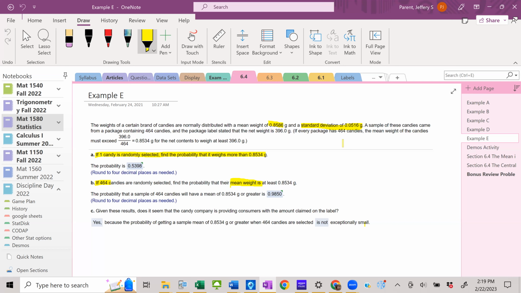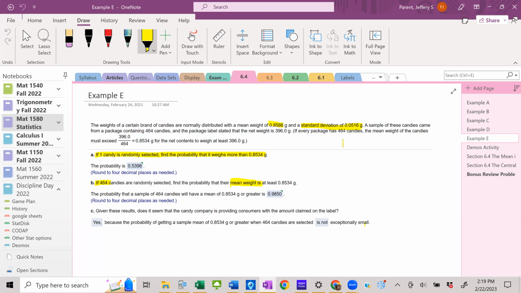So normally distributed with a mean weight of 0.8586 grams and a standard deviation of 0.0516 grams. Let's stop and copy that information down right away. All right, so we've got X is distributed normally with a mean of 0.8586 and a standard deviation of 0.0516, and that's in grams.